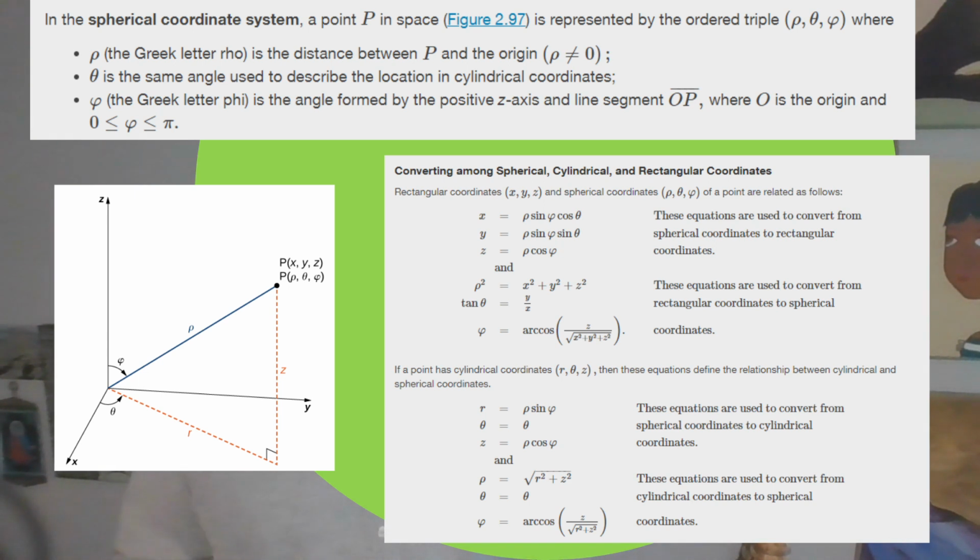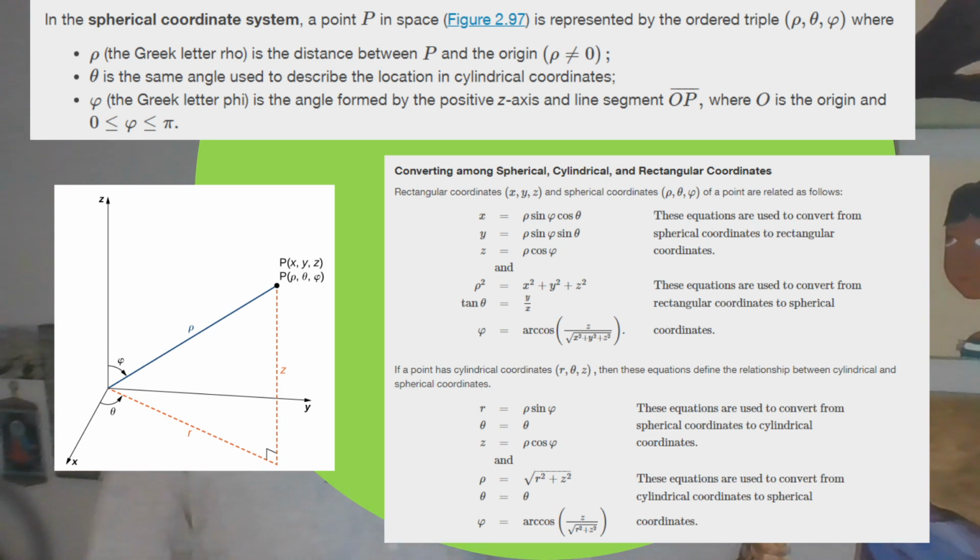Now, this relationship between x, y, z and rho, phi, and theta can be derived by taking advantage of our polar or cylindrical coordinates. If we take a look at r as that same r variable from polar or from cylindrical coordinates, then we can find a relationship between r and rho and phi.